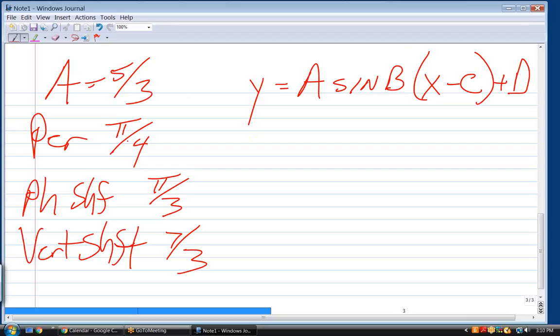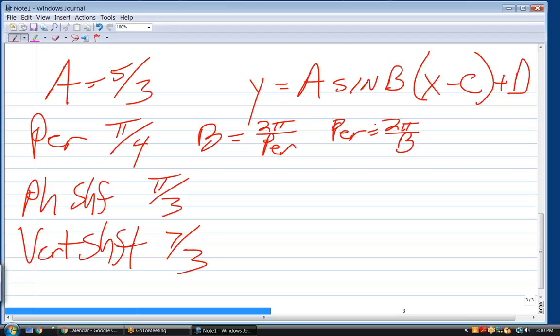If the period is pi over 4, well, we know that B is 2 pi over the period. Which also means that the period is 2 pi over B if you happen to be going the other direction.